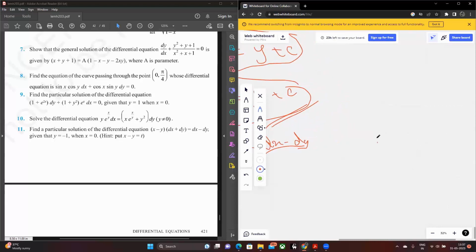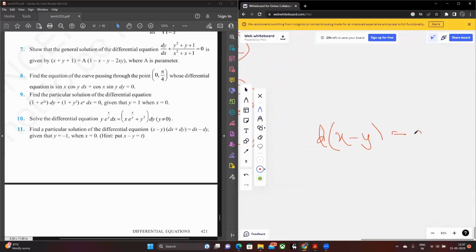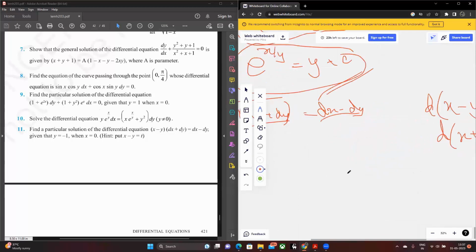For example, if you take the differential of x minus y, you basically get dx minus dy. Similarly, if you take the function x plus y and differentiate it, you basically get dx plus dy.